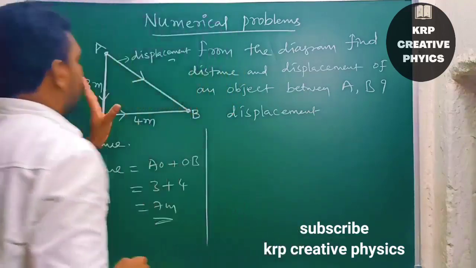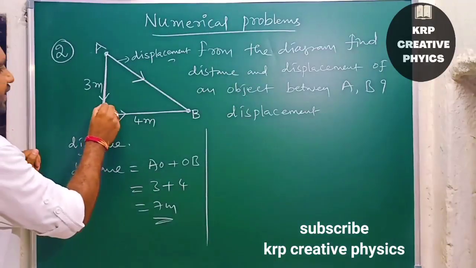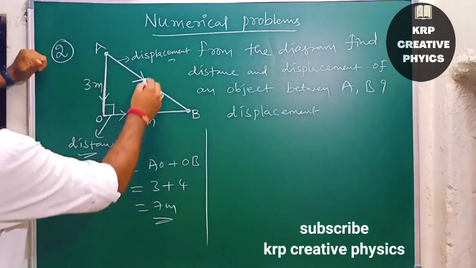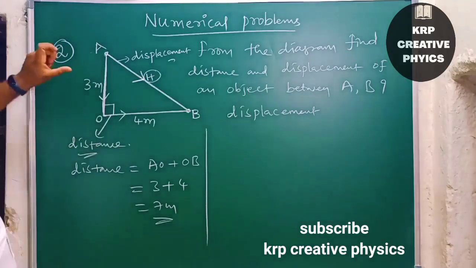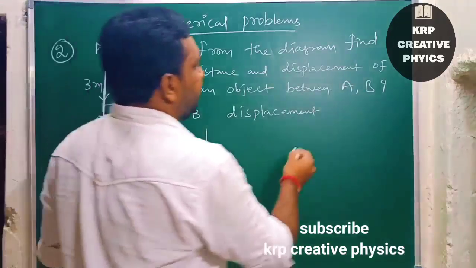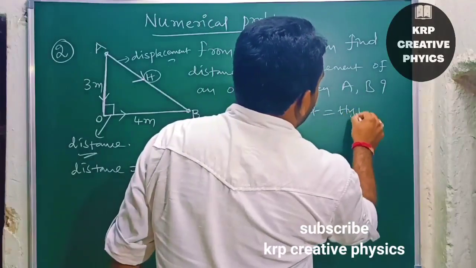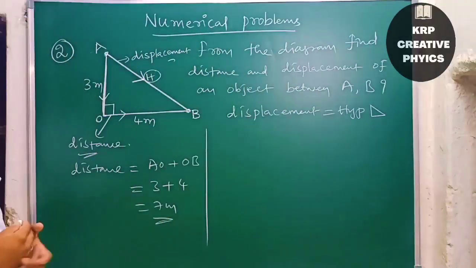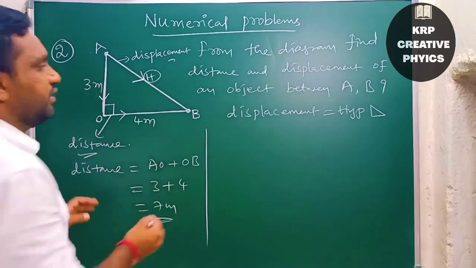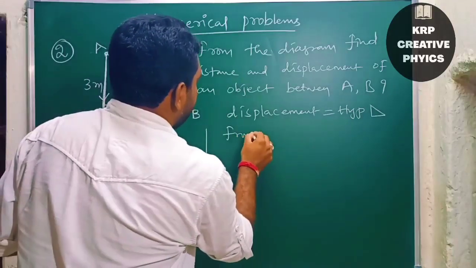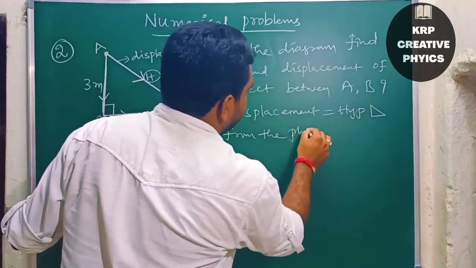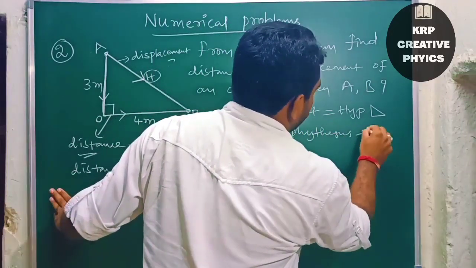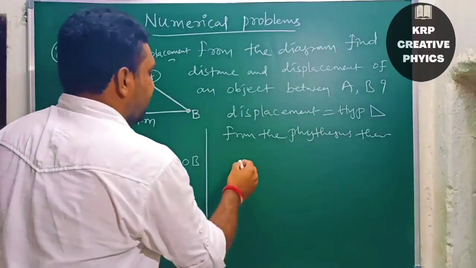Right. So from this particular diagram, it is a right angle triangle. It's 90 degrees. So we need to find out the hypotenuse. So here displacement is exactly equal to the hypotenuse of the right angle triangle. So as we know from the Pythagoras theorem, what do we have here?